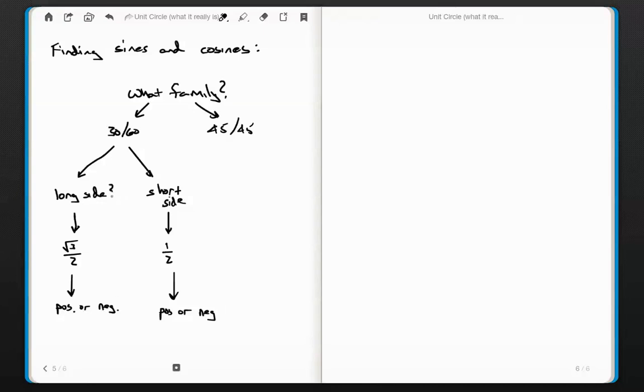Make these questions: short side, long side, positive or negative? All right. Well, if it's a 45-45 triangle, we know the only one number to know. It's going to be root 2 by 2. And then we just have to decide, is it positive or negative?